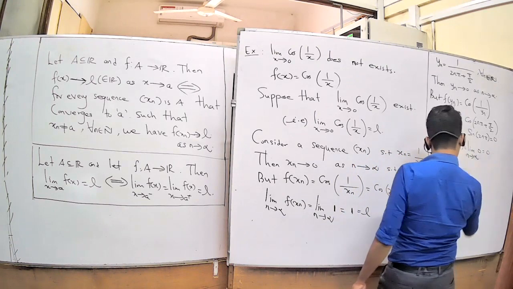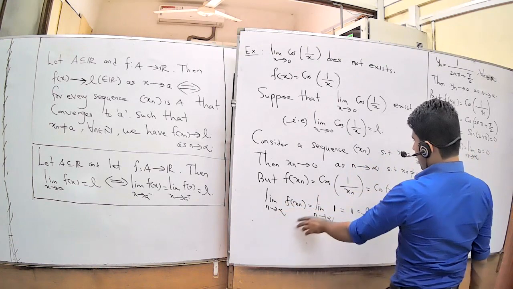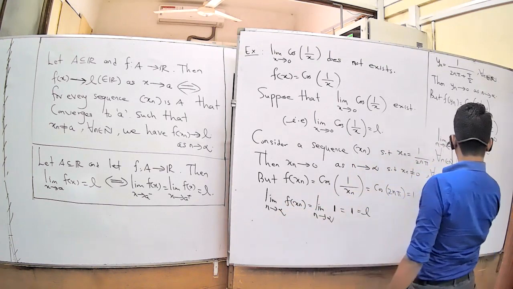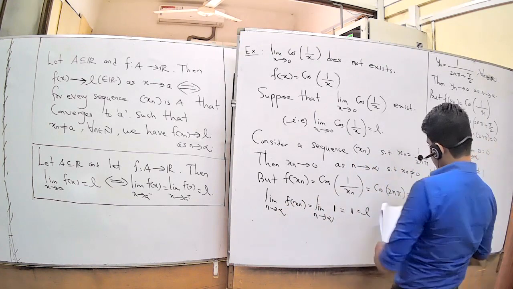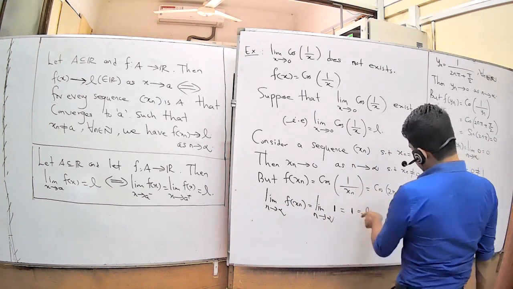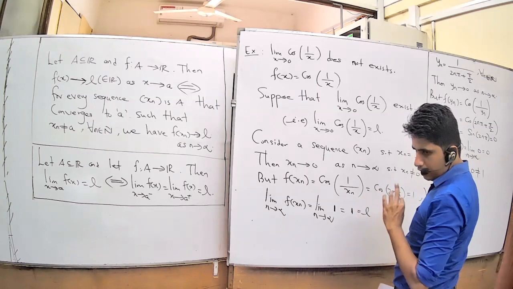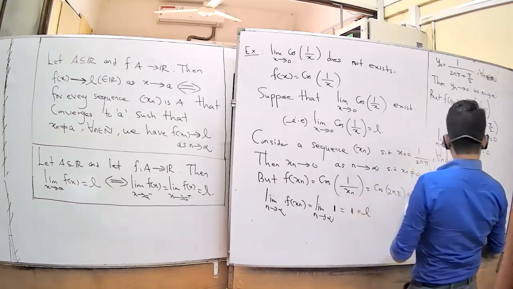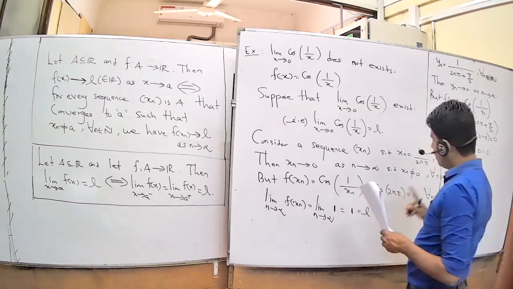Now, for one limit, you have two limit values: L equal to 0, and not equal to 1. I already mentioned that the limit value is unique, so we can't take two values. Here we found distinct values, 0 and 1.